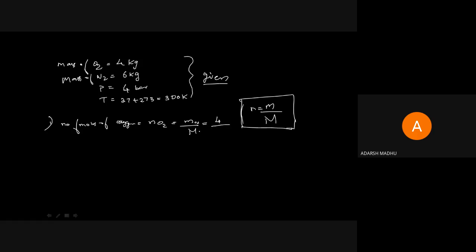Molecular weight of oxygen, we know, is 32, right? O2, 32. Nitrogen 28. You know, a few such things you should learn and keep in mind. Then 4 by 32. Write down the value. 4 by 32 means 0.125.